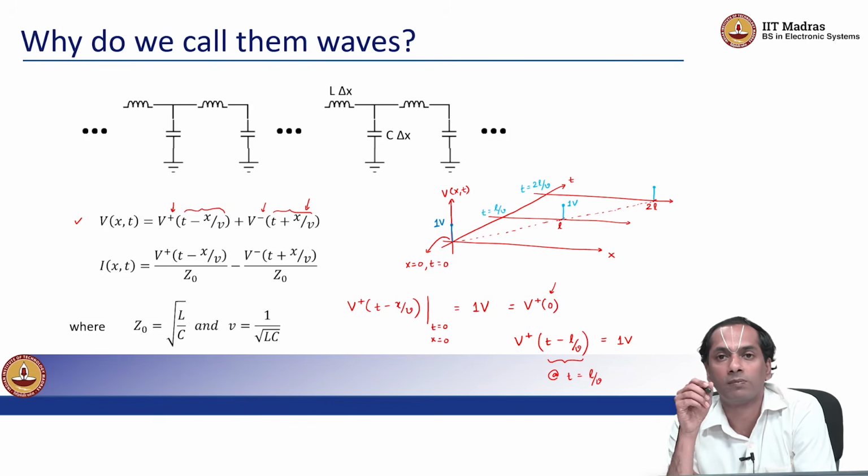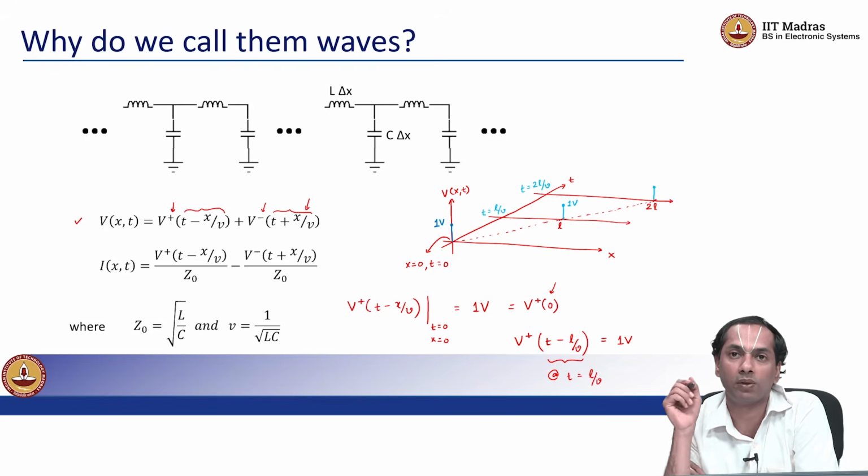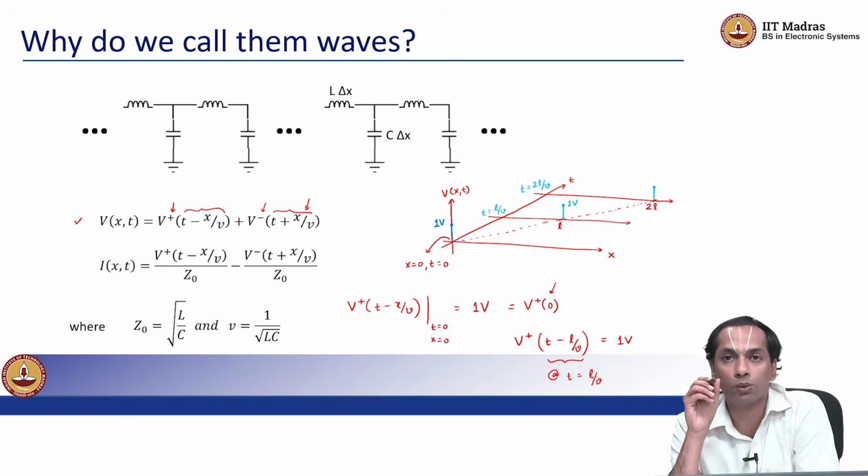The V plus function captures this voltage going to positive x values at positive times. This is why we call this V plus. In future times, I can expect the voltage to go to higher and higher positive x distances. That is why we use the term plus.